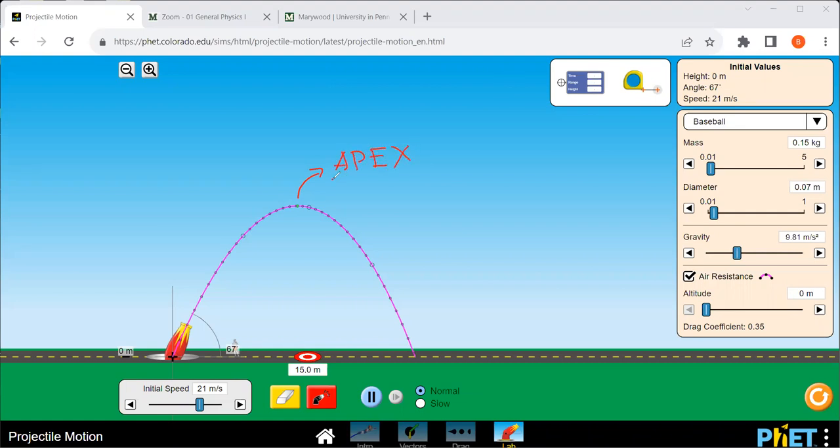At apex or at maximum height, Vy equal to 0. That doesn't mean Vx equal to 0. Vx is always, no matter where it is, equal to V0x or V0 cosine theta.